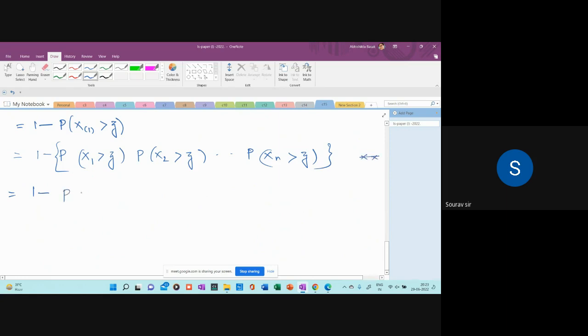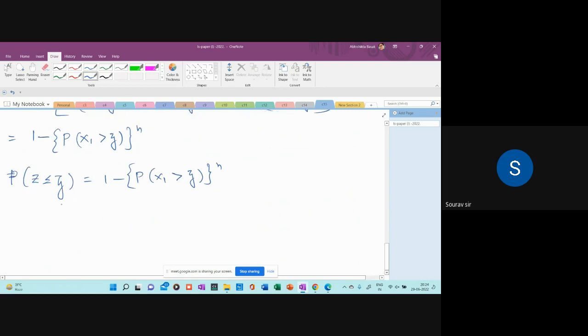So that is probability of x1 greater than z whole to the power n. So this is the step which you have obtained. So basically this is what we are getting. This is the CDF. So probability capital Z less than equals to small z is equals to 1 minus probability x order 1 greater than z whole to the power n.